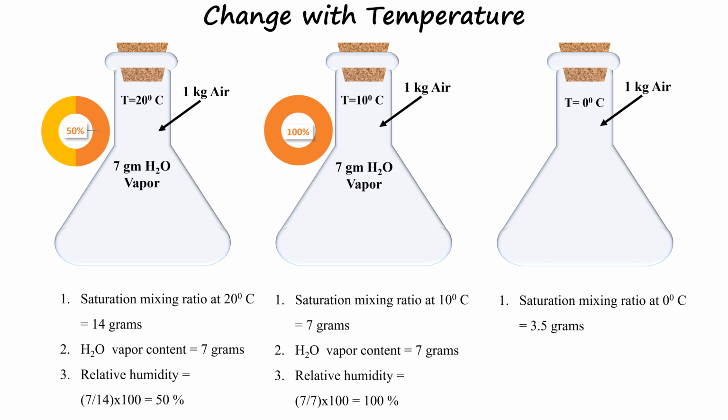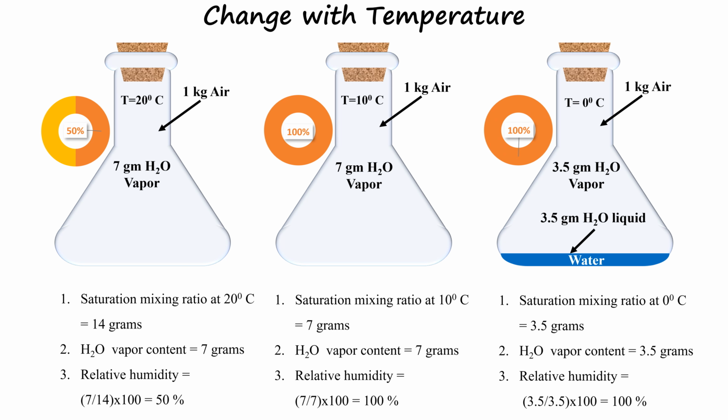At 0 degrees Celsius, only 3.5 grams of water vapor can stay in the air. So, the excess water vapor, an additional 3.5 grams, condenses into liquid water. The air remains saturated with a relative humidity of 100%. Essentially, as we cool the beaker, the excess vapor condenses out until the air is just right, maintaining that perfect 100% humidity.